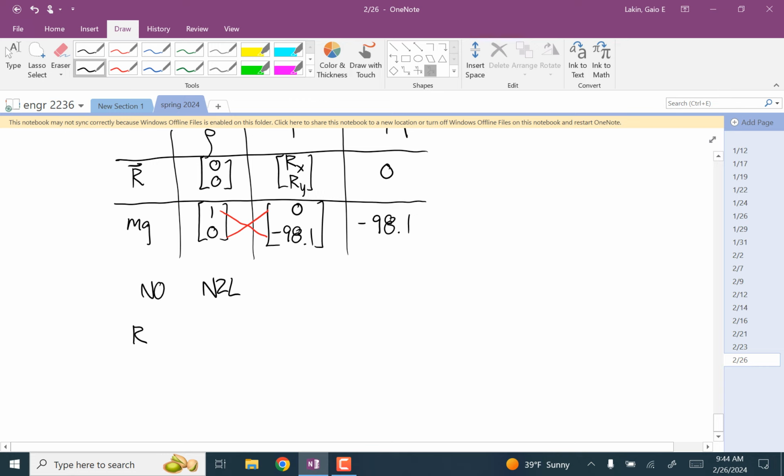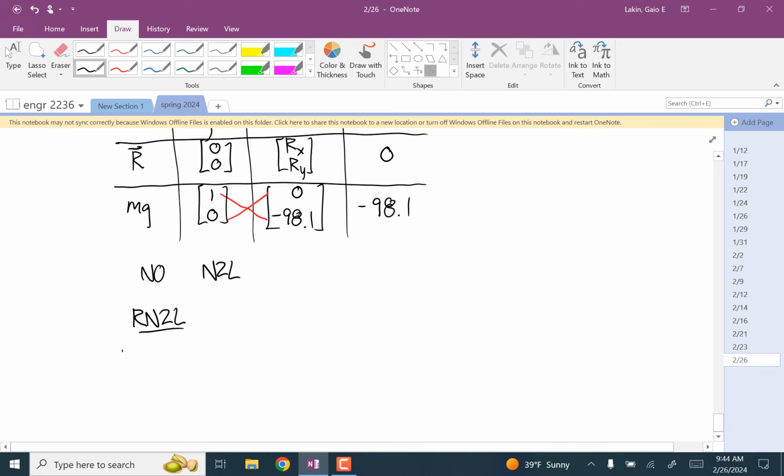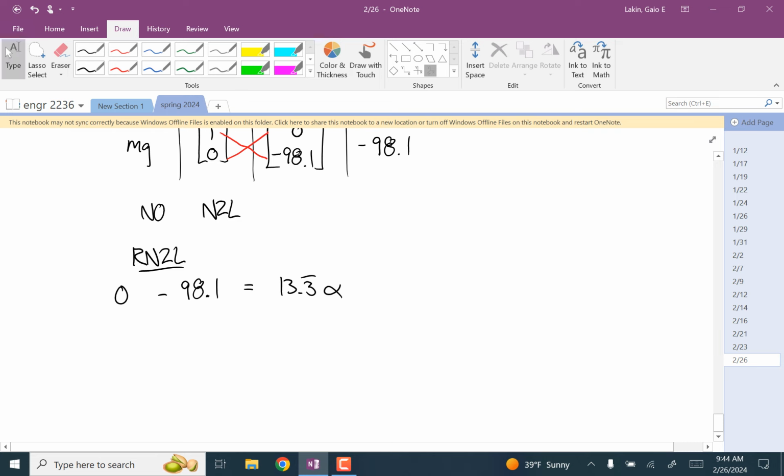Now we'll go to the moment equation. It says 0 minus 98.1 is equal to 13.3 repeating times alpha. And so alpha is equal to negative 98.1 divided by 13.3 repeating.